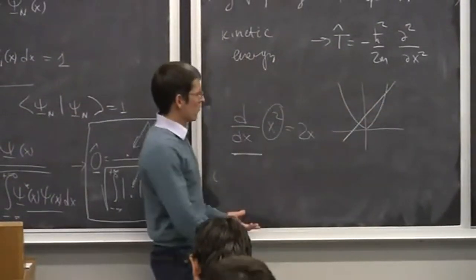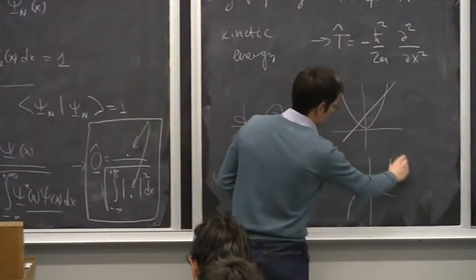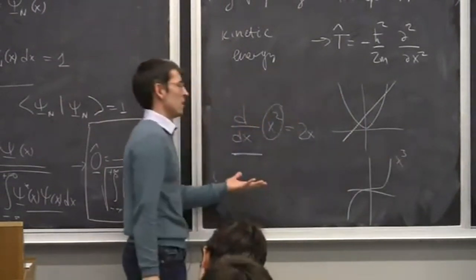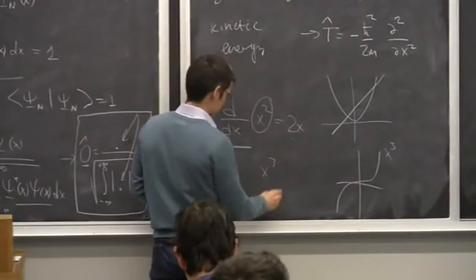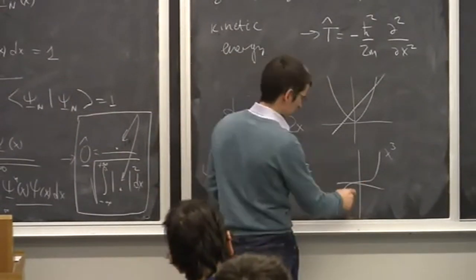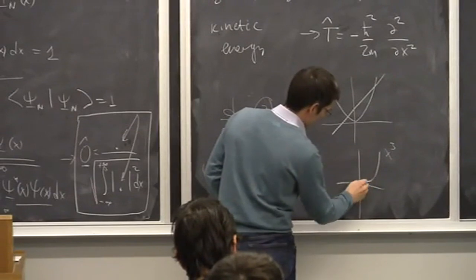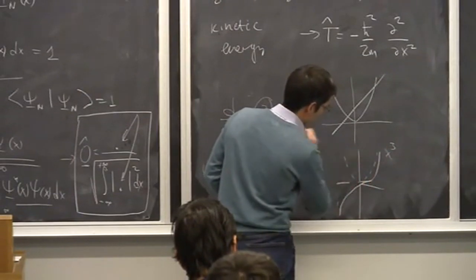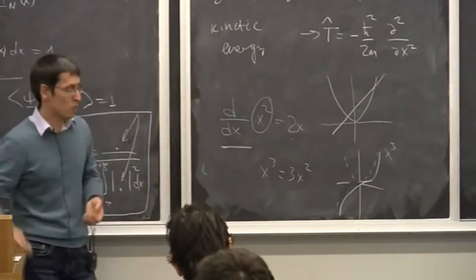Or if you take another function, x to the third power, what will d over dx do to it? 3x squared, right? So it will bend this branch into essentially a parabola now. So it changes the shape of the function. It takes a function and gives you back another function.